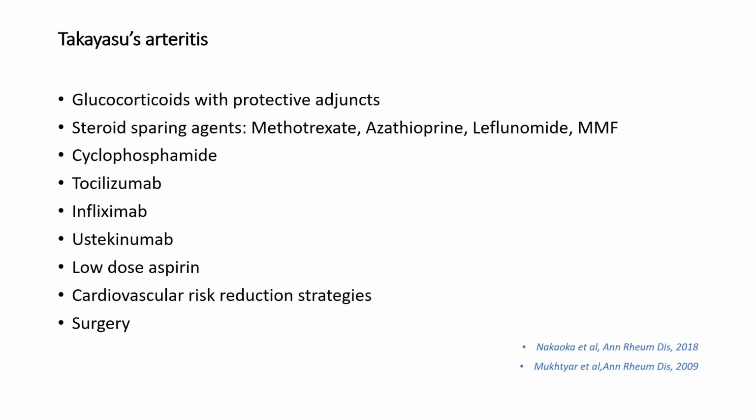Low-dose aspirin is also recommended here to prevent cardiovascular events, and you also have to institute strategies to reduce cardiovascular risk, like lipid reduction therapy, controlling the blood pressure, and others.